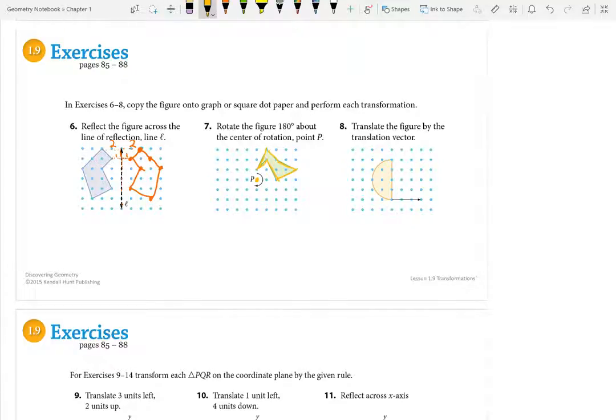And then when you do that, you will get the new figure. One thing you could do is take this figure and just rotate the whole paper 180 degrees, and that's going to give you the new one. And again, the direction is going to be clockwise in this case.